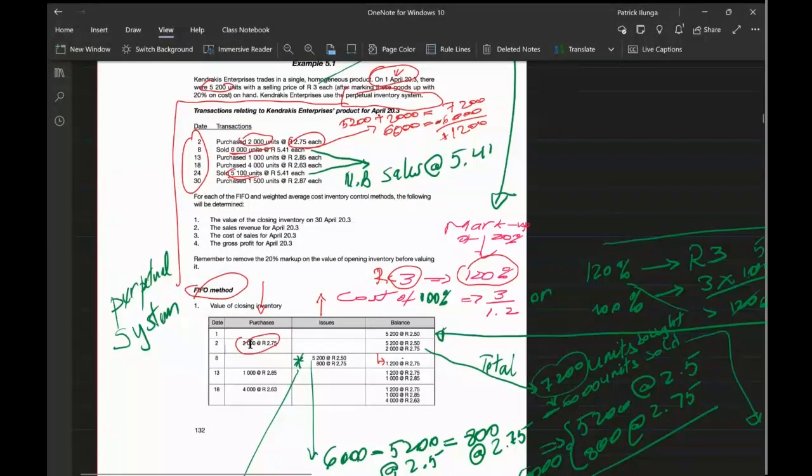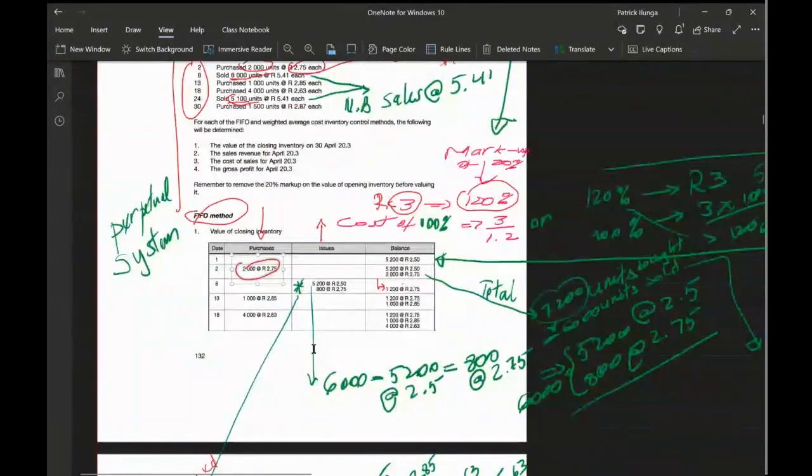You see, on the second, they purchased 2,000, right? So we're going to use 800 of those 2,000 to remain with the balance of 1,200 units that will remain at this cost, the cost of 2.75.